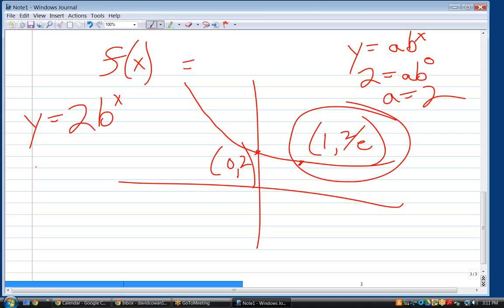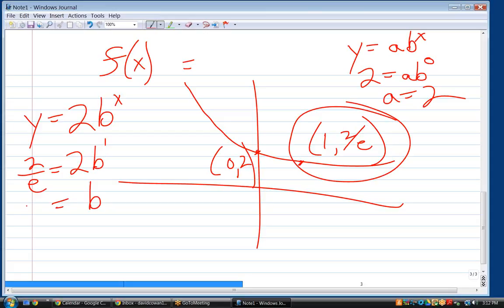So what should I make y? Y should be 2 over e. And that's equal to 2b to the 1 power. Yeah. So what is b equal to? Well, so you would divide by 2?